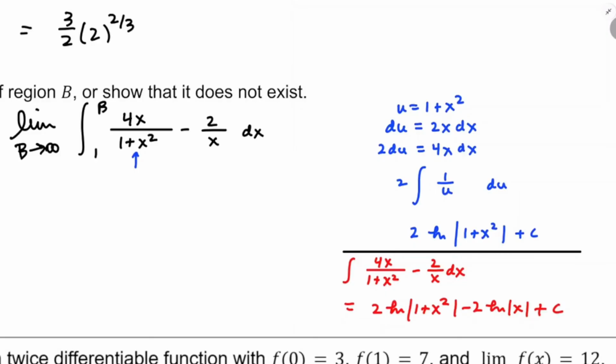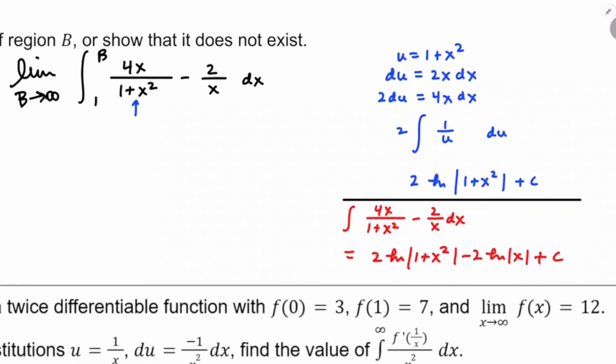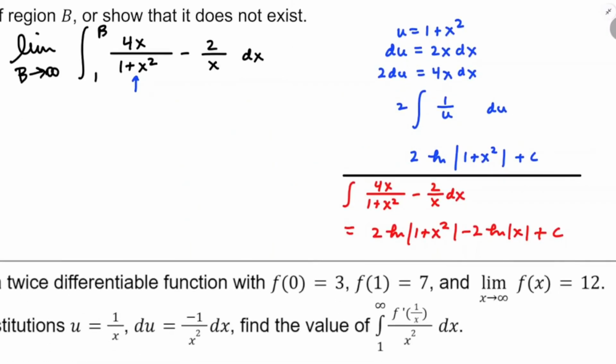Okay, yeah, there we go. Now, if I want b to approach infinity, I would be wise to induce a fraction, so I'm going to actually apply the log property there, over x and add c.